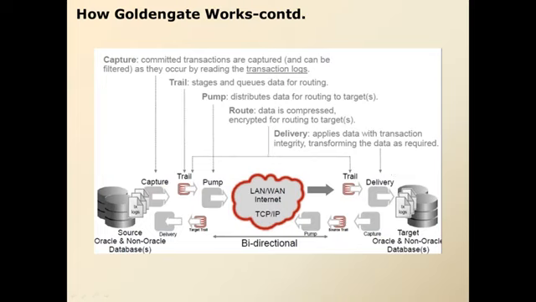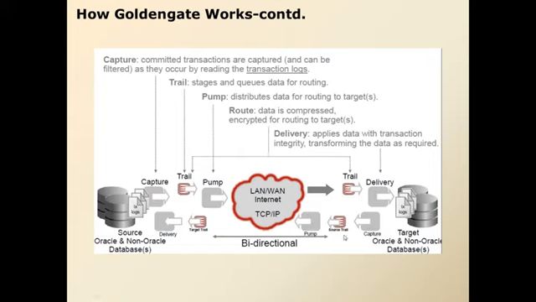Your site B again will have the transaction logs. So whatever changes are happening on site B, the application is making. The capture process will capture those changes and write them to local trail.